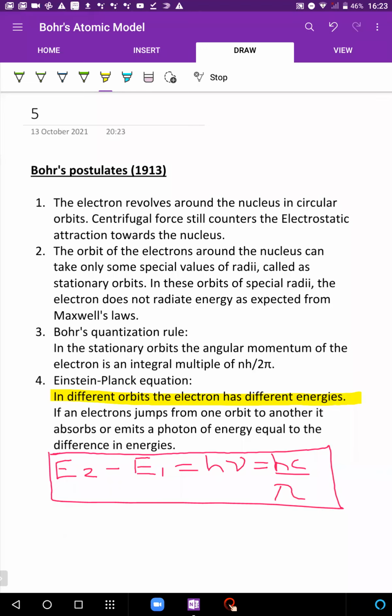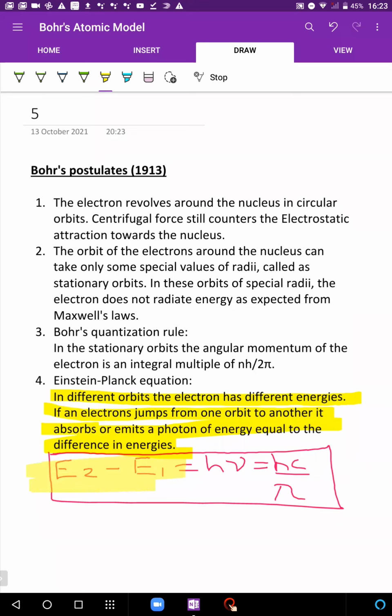So this guy has seen that, and he's using that over here. In different orbits, the electron has different energies. Therefore, if an electron jumps from one orbit to another, it either absorbs a photon or emits a photon of energy equal to the difference in energies. Yes, Aditya, yes. Equal to the difference in energies.